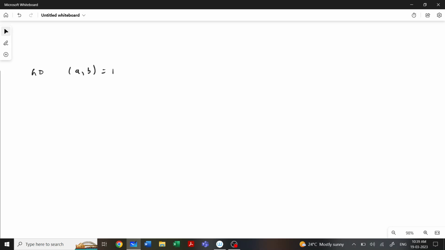For example, GCD of 3 and 5 is 1, GCD of 4 and 9 is 1. If the GCD of two numbers is 1, then we say the numbers are relatively prime. In the next session we will discuss congruence modulo n.